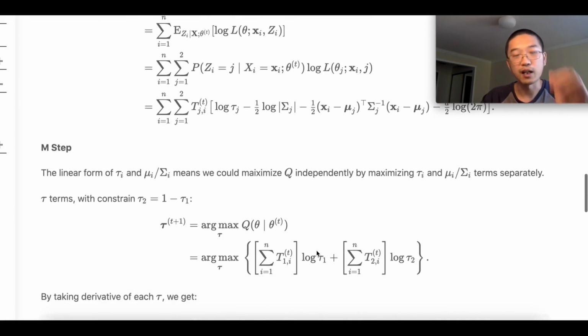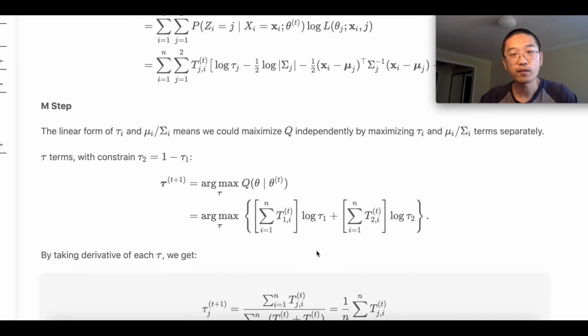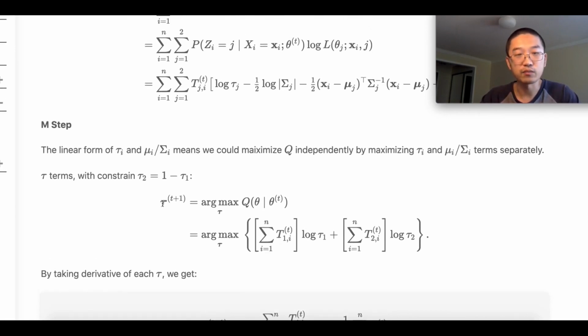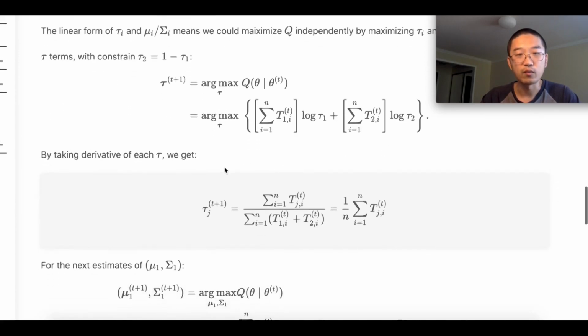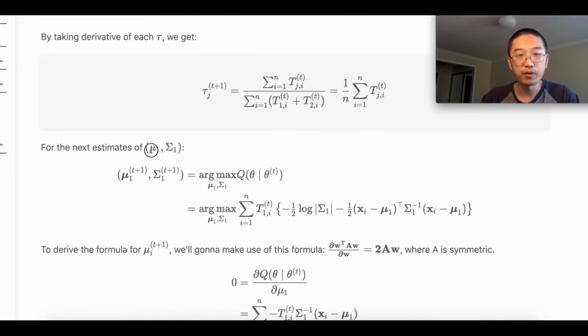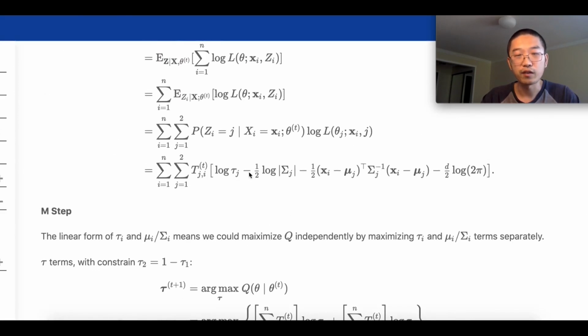So in the M step, we are trying to maximize the tau term from the log of tau, and then we are going to maximize the mu and sigma term from this part: the minus 1/2 log determinant of sigma j minus this quadratic form here.